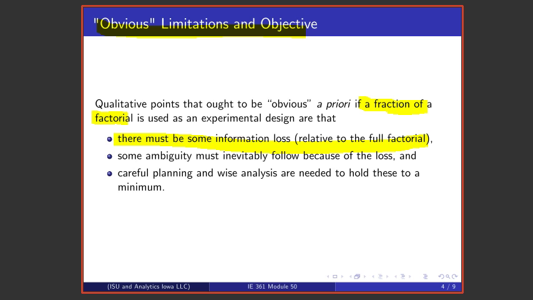There's no magic by which one learns things that one doesn't observe, and so one can't do as much with a fractional factorial as one could do with a full factorial. That suggests that there must inevitably be some kinds of ambiguity that follow from this information loss. The objective in this material is to use careful planning and wise analysis so that the information loss and the ambiguity are held to a minimum.